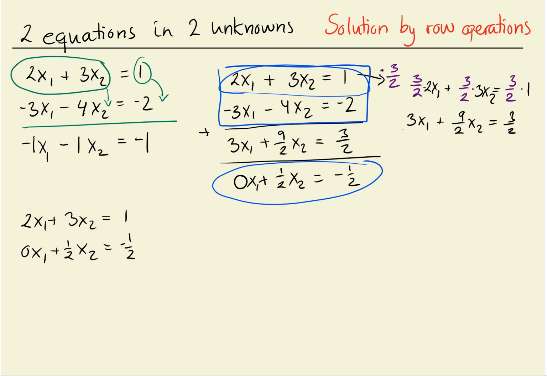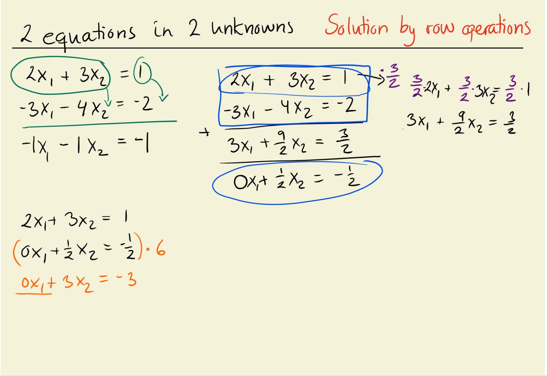And you may be able to see that what I need to do is to multiply this equation here by 6 and then subtract it from the first equation up here, because that would eliminate x2 from this equation. So let's try to do that. What I get when I multiply by 6 is 0x1 plus 3x2 equals minus 3.